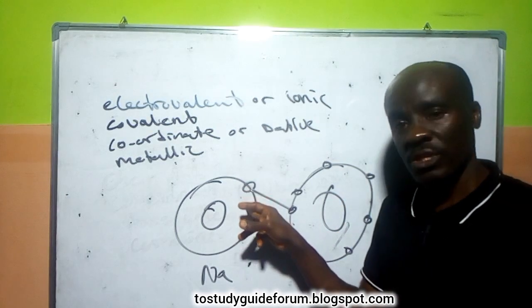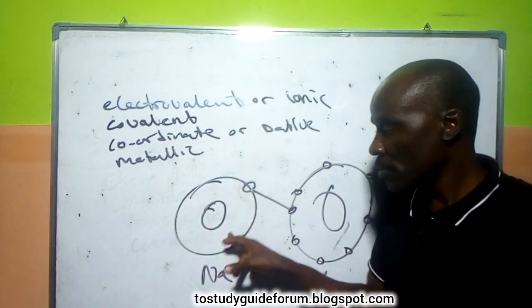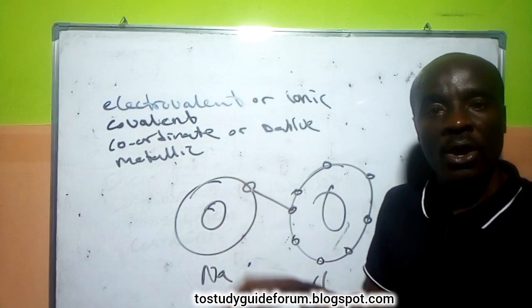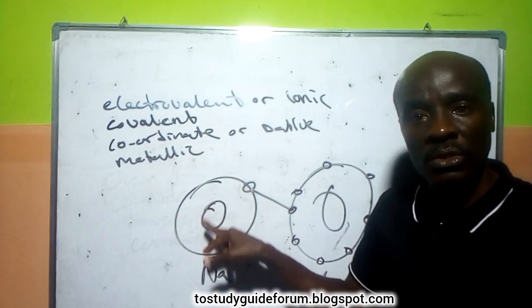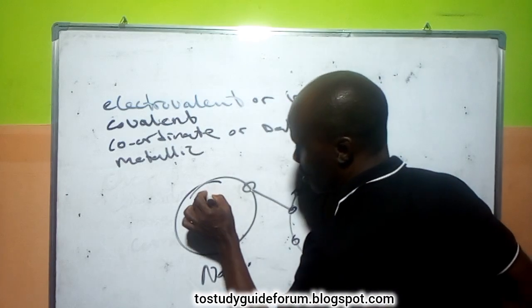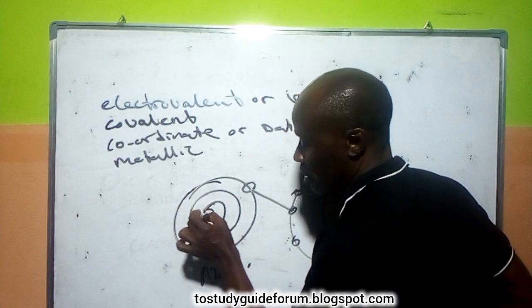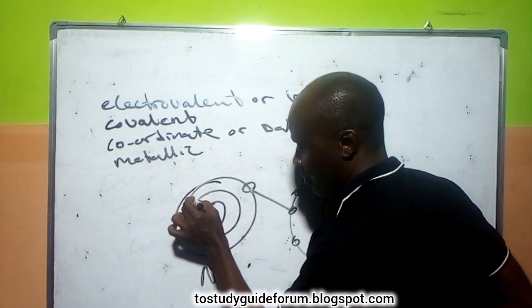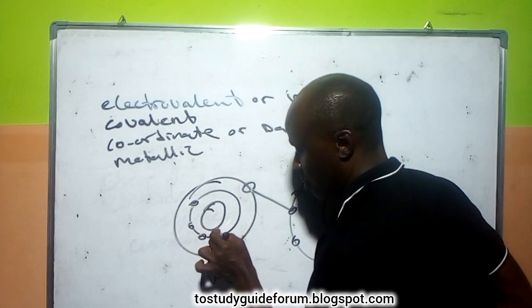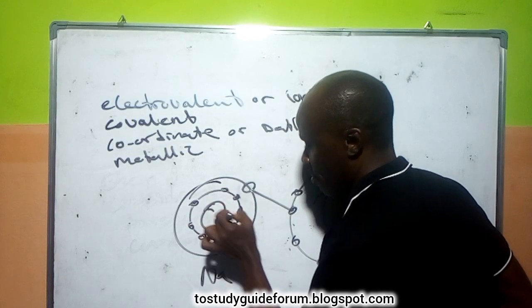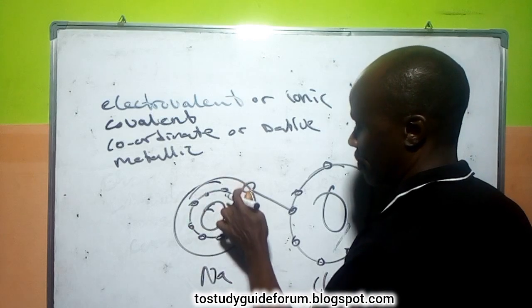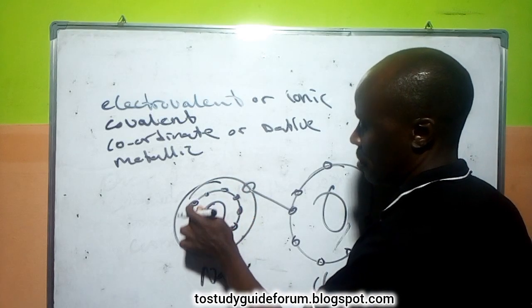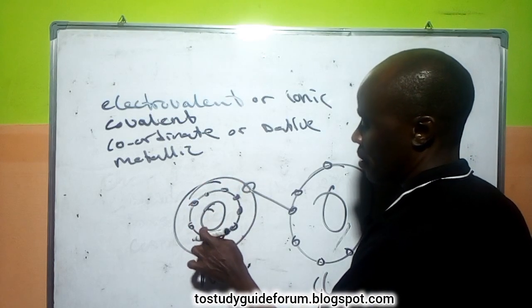While sodium, by losing this one electron, will enjoy the octet state by using the shell inside, since the atomic number of sodium is 11. So this other one is also complete.